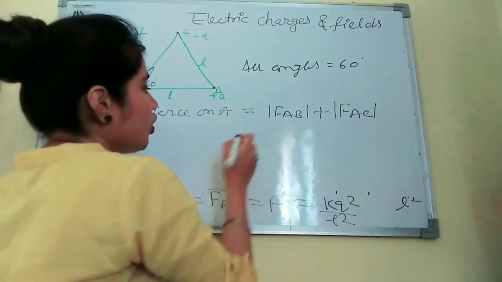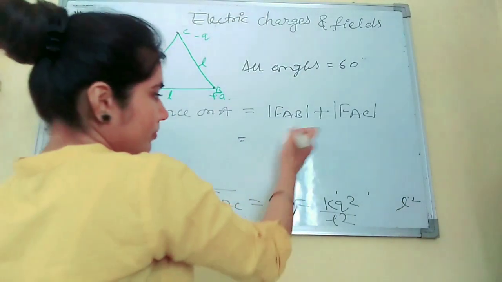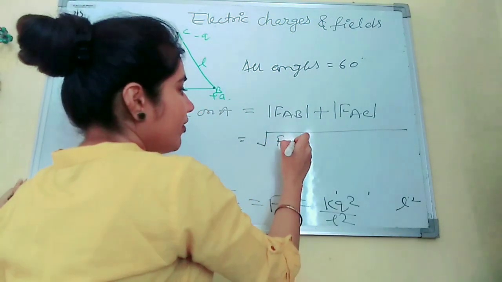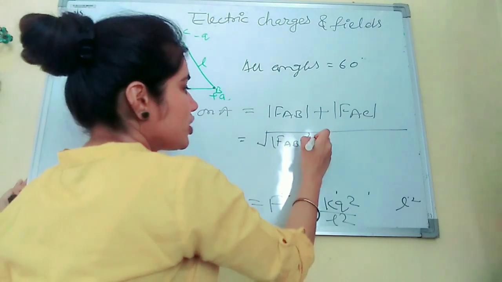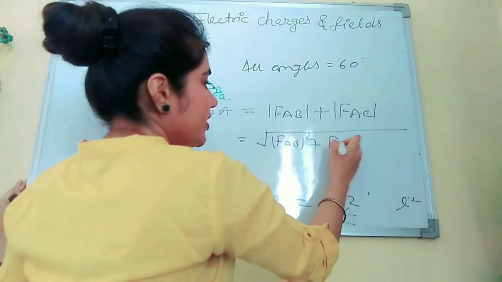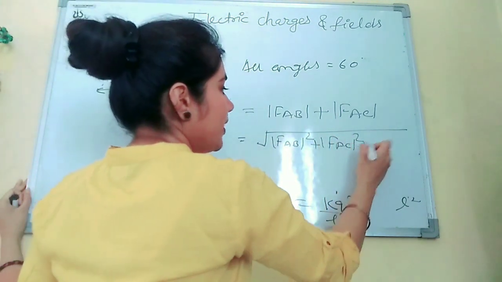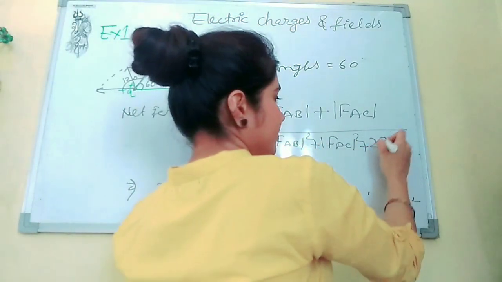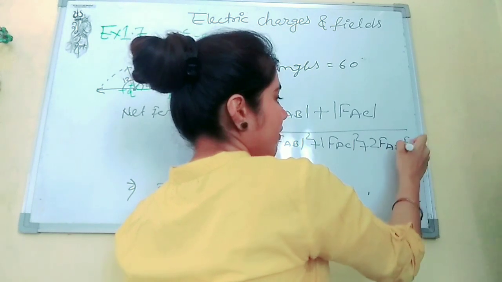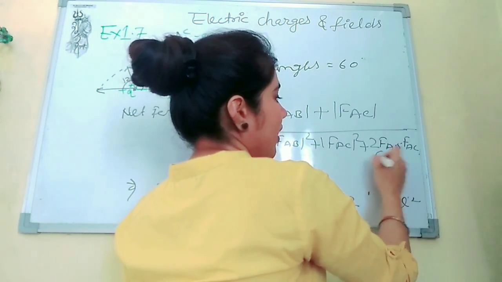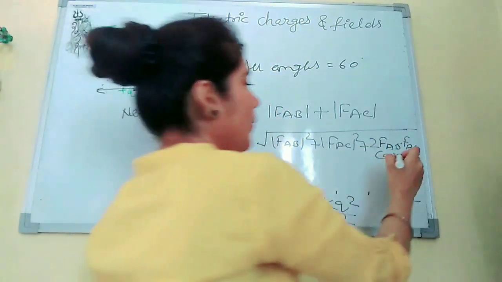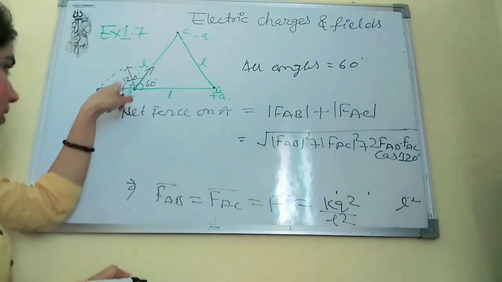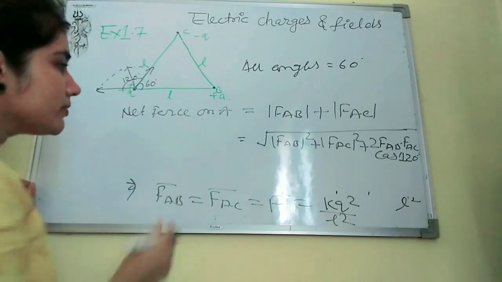By this law it will become FAB square plus FAC square plus 2 FAB into FAC cos 120, because the angle between these is 120.